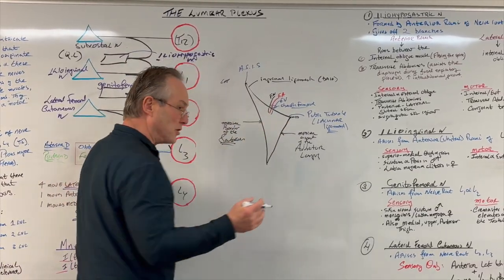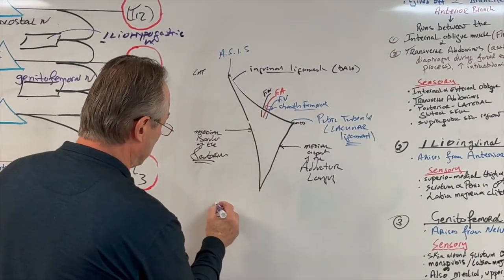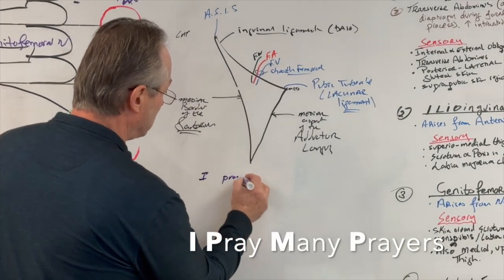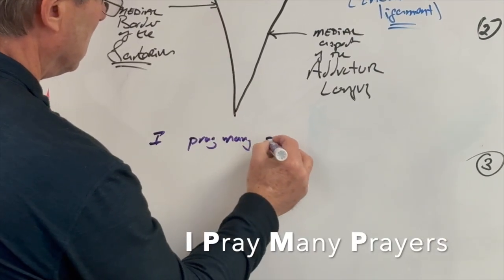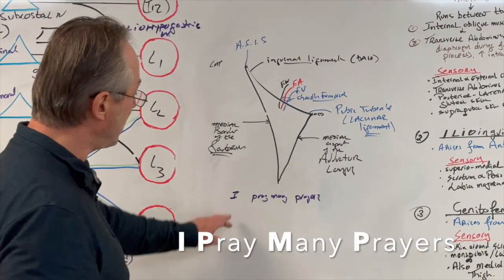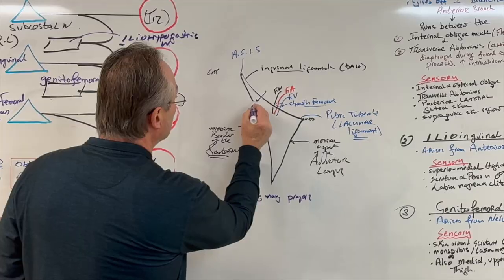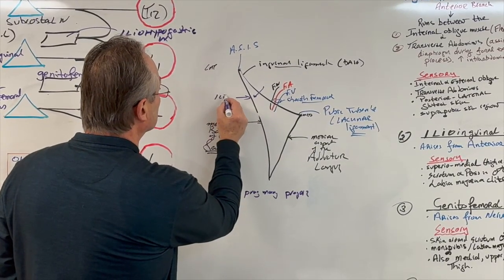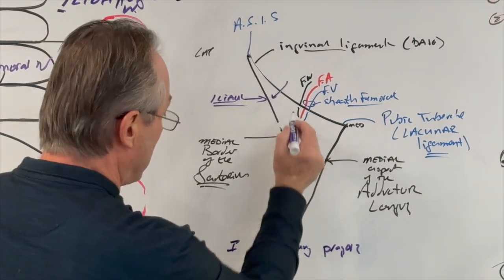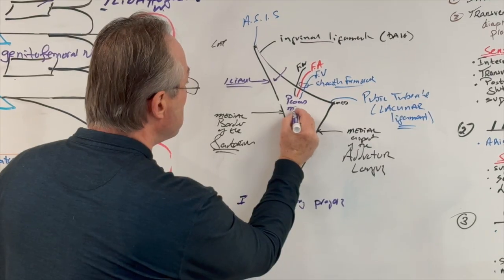some muscles here if we want to know our geography. So the acronym here is I pray many prayers. True to anatomy and faith, I pray many prayers. So here you would have, in this area right there, I'll just draw an arrow, is the iliacus. Okay? Right here is going to be your psoas major.